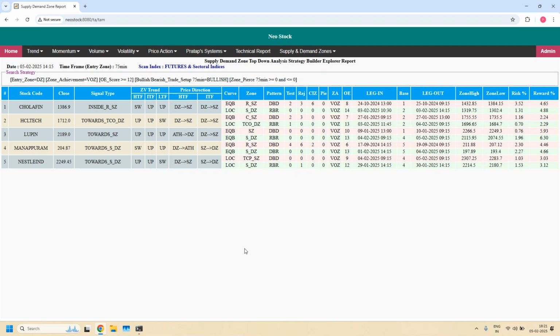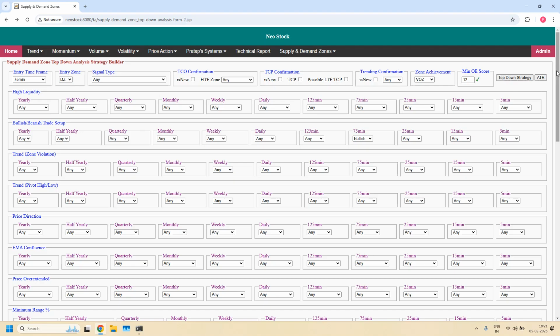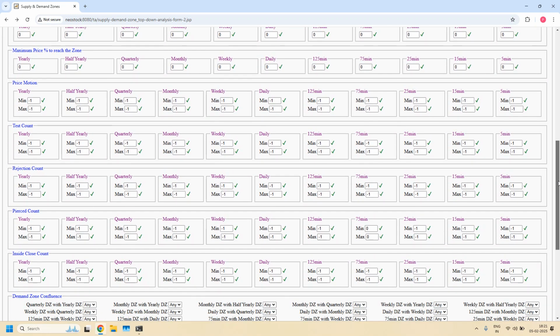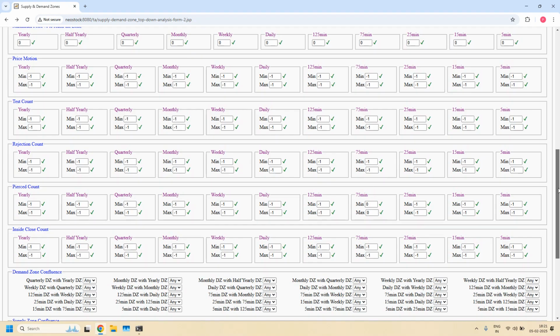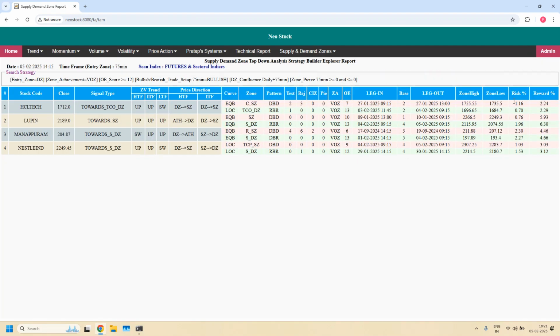And out of these 5, we can further filter them based on the zone confluence. So first filter in the zone confluence is LTF and ITF demand zone confluence. That is 75 minutes and daily demand zone confluence. So with this filter enabled, we got 4 stocks out of 5.